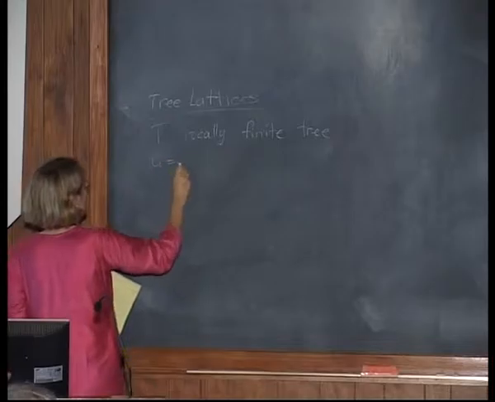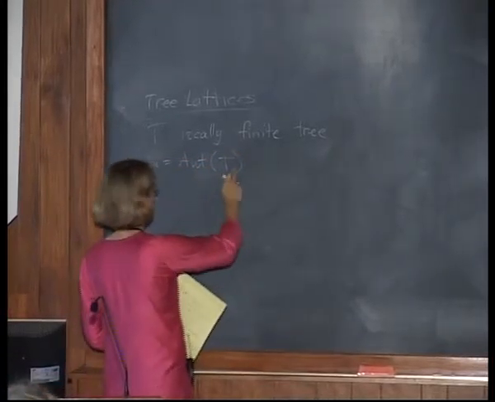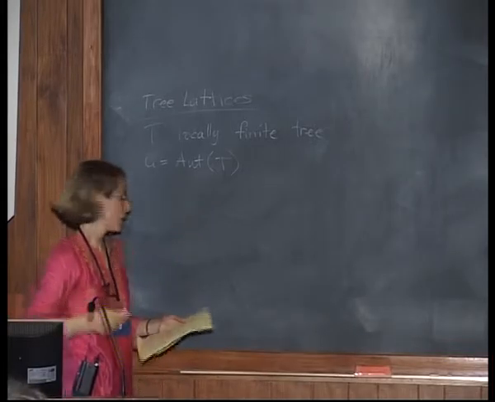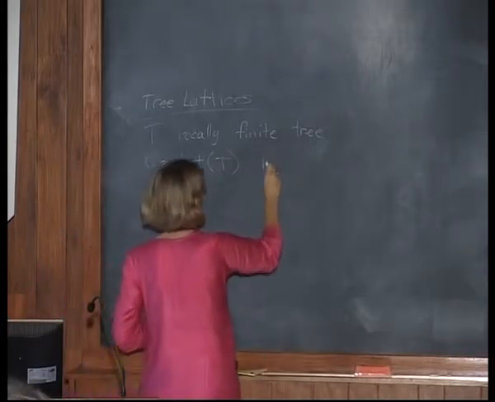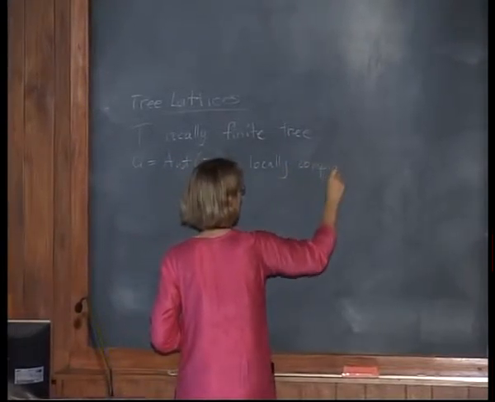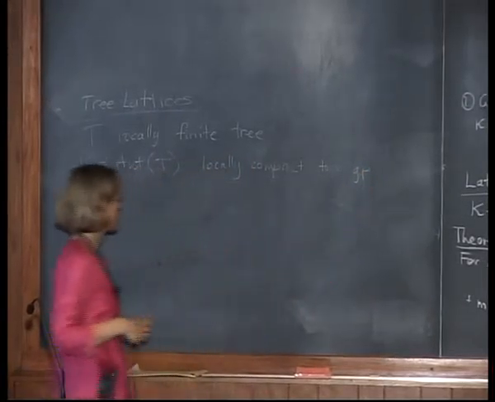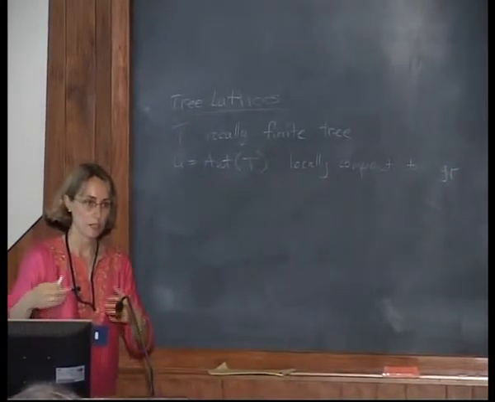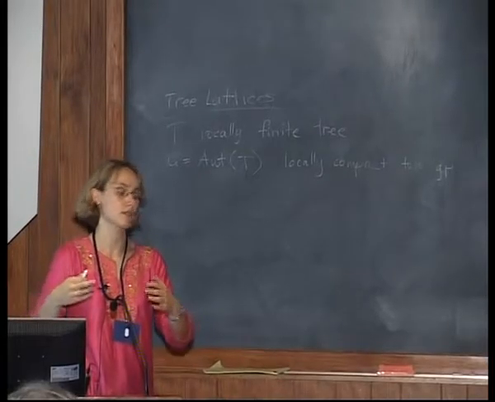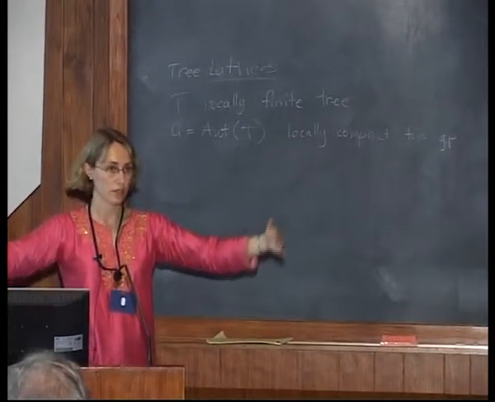And G is the group of automorphisms of T. Now, this is with the compact open topology. And under this topology, this is a locally compact topological group. To give you some idea of the topology here, a sequence of elements going to the identity is a sequence of elements which fix larger and larger balls in the tree.